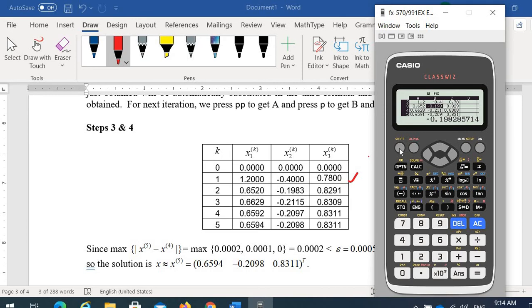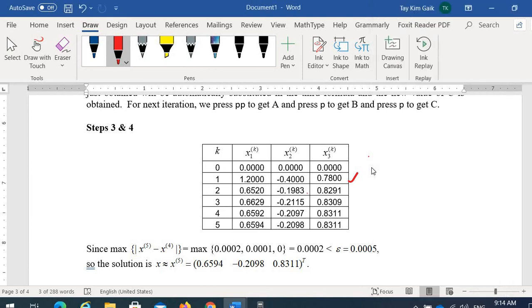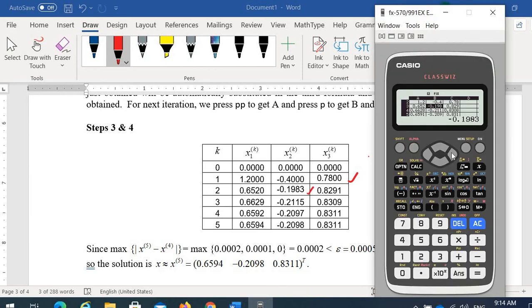If you want to fix it, shift menu, number format, number 3, 1 if I want to show 4 decimal places. So 0.1983. Next one, 0.8291. And then this is copied down, 0.6629. Correct.